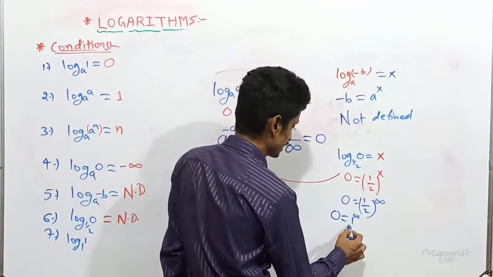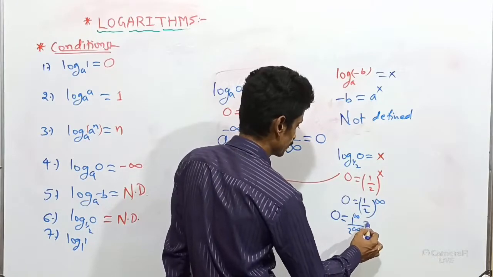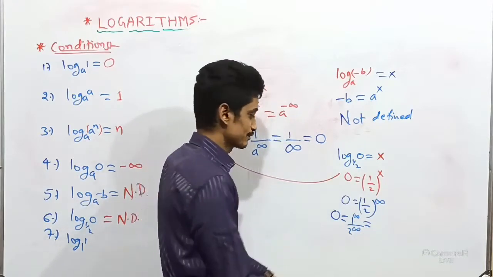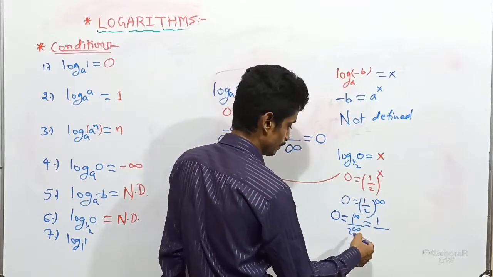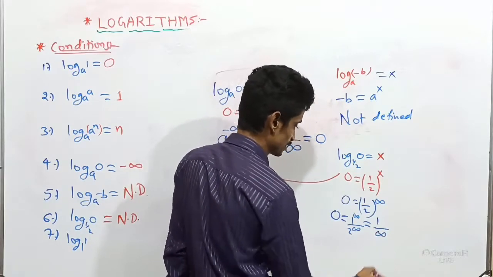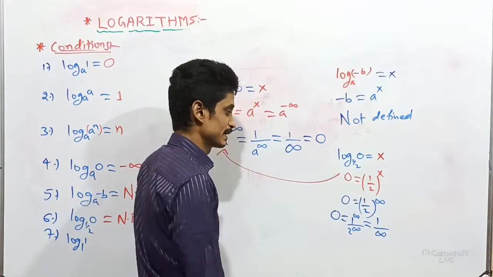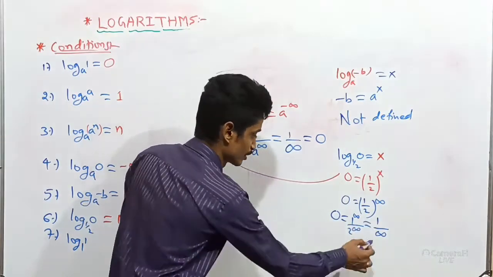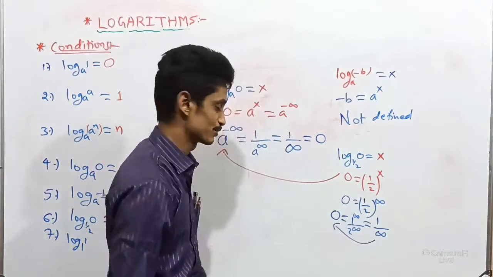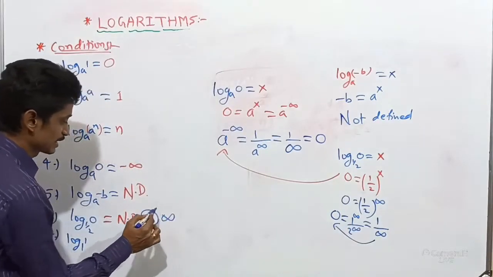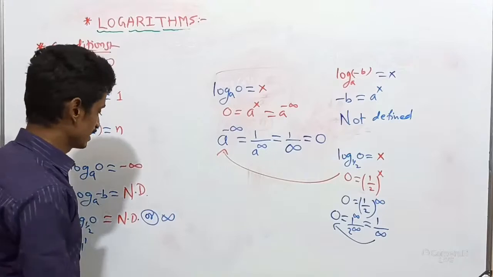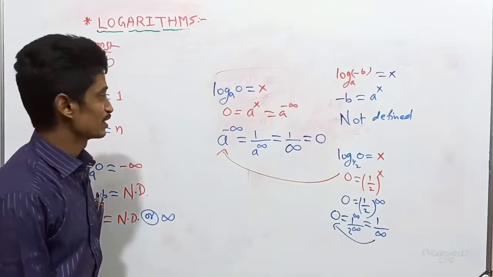1 power infinity divided by 2 power infinity. 1 power infinity means 1 itself. 2 power infinity, an infinite number of times we multiply, means we will get the answer infinity. So 1 divided by infinity, what is our answer? That is 0. Either you can write not defined or just write positive infinity, but don't write negative infinity.